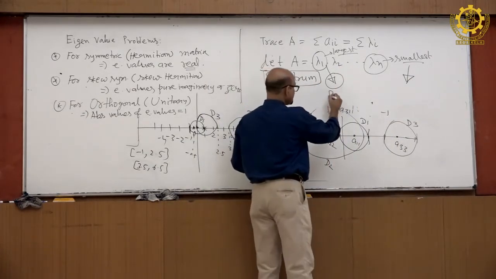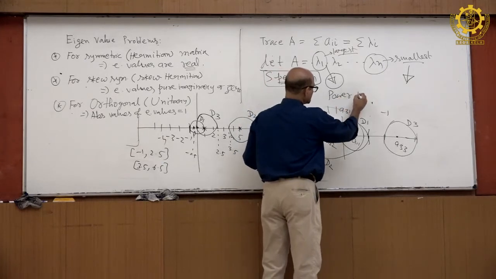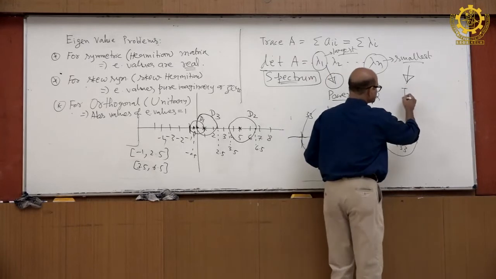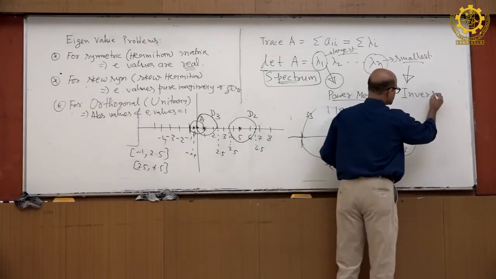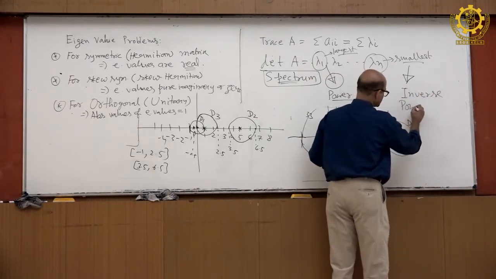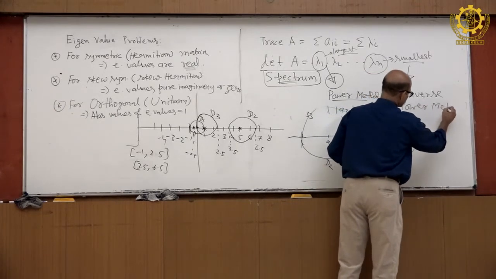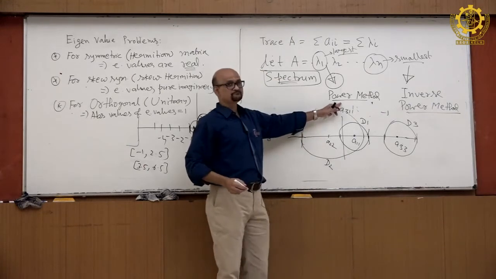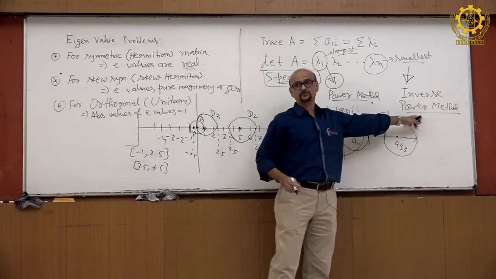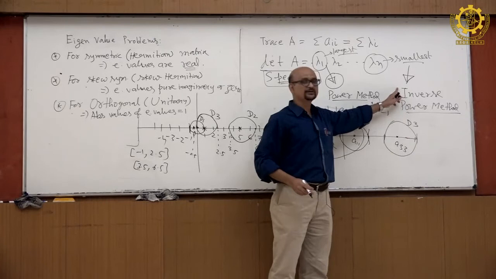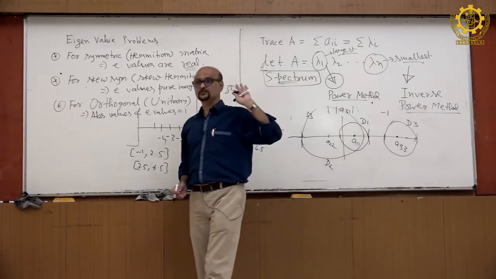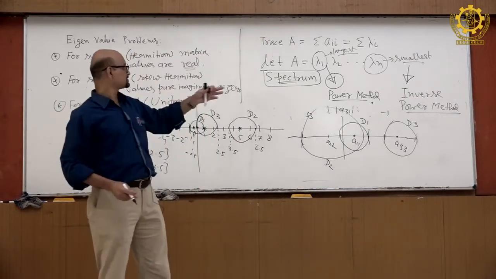This is done by a method known as the power method, and its inverse is called the inverse power method. These two methods we will do, and I will give an idea for the inverse power method. It is a little bit lengthy, but the idea is the same, with the same algorithm or steps as the power method.